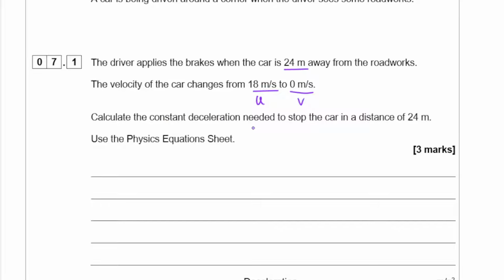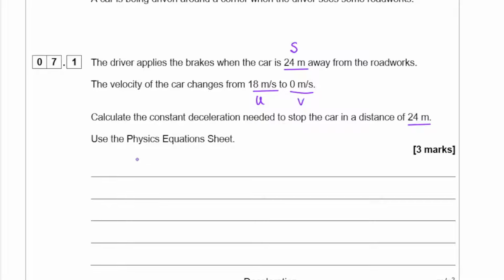Calculate the constant deceleration force needed to stop the car in a distance of 24 meters. Use the physics equation sheet. Now, here you have to use a SUVAT equation, which is in the equation sheet. Generally, in physics, when we talk about distance, the symbol is s.